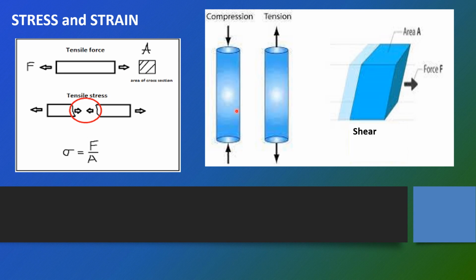As shown in this diagram, the direction of the applied force is inward, perpendicular to the cross-sectional area. But the formula for compressive stress is just the same as the formula for tensile stress.